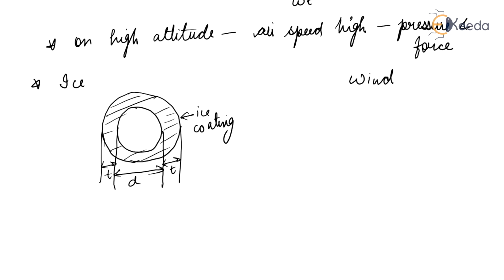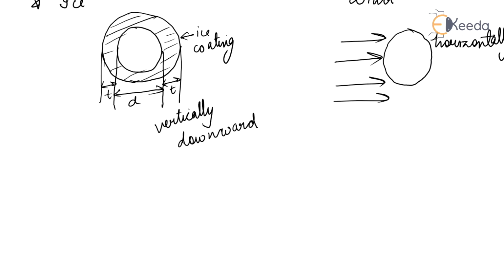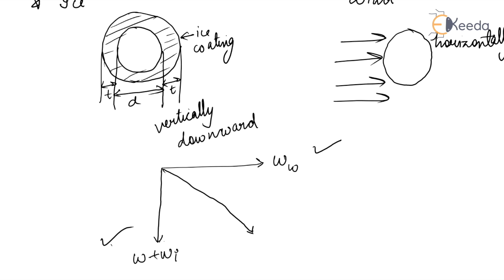The weight of the ice acts vertically downward, and the force due to the wind is assumed to act horizontally. I told you that the maximum effective weight of the conductor is the vector sum of the vertical weight of the conductor and the horizontal wind pressure. So the maximum effective weight of the conductor is the vector sum of the vertical weight and the horizontal weight. This is the resultant weight.